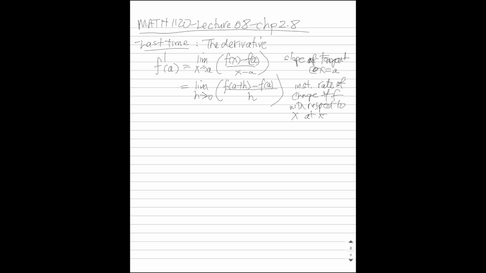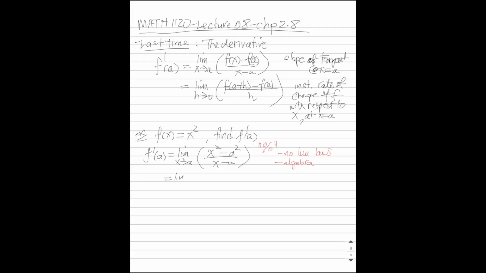Some examples that we're going to use. If I give you the function f(x) = x squared, I would like to find an expression for f'(a). So according to the first version of the definition, we would plug in x squared minus a squared over x minus a. I've been trying to convince you that every time you have a strange limit, you should sneak a peek. Here you'll see 0 over 0, so no limit laws, but you can do some algebra.